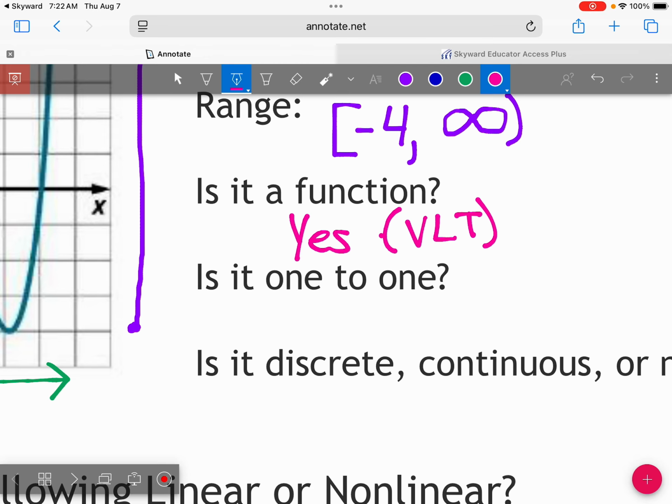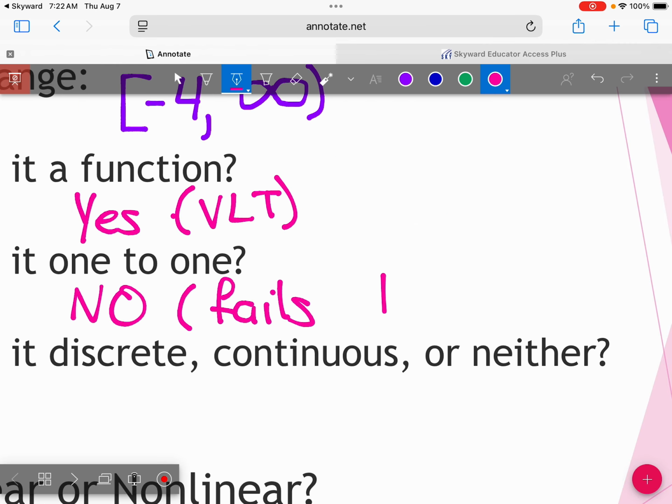So does it pass the horizontal line test or fail the horizontal line test? It fails. It fails several times. In fact, it fails everywhere. There is not one place where it does not cross more than one time. So this is not one-to-one. No. It fails the horizontal line test. You don't necessarily have to put that part, but I'm just letting us know why.